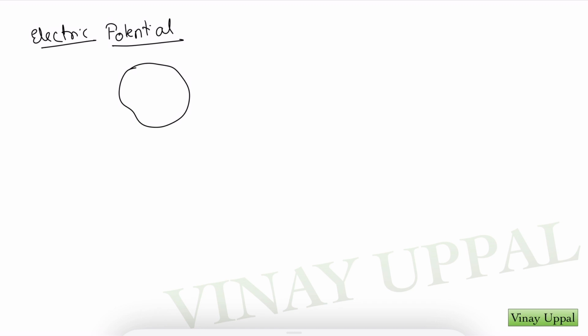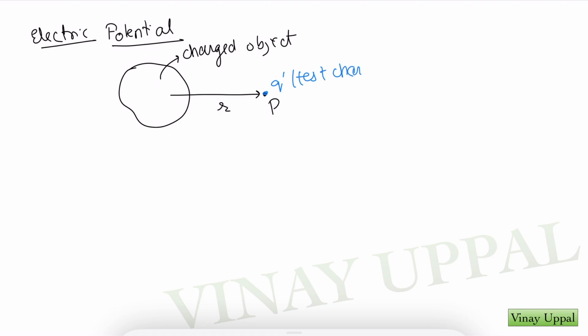Alright, now let's come to potential. So electric potential is defined in the same way that electric field was defined for a charged object. If you want to write the potential at some point P, we bring a test charge there, write the potential energy between the charged object and the test charge, and divide it by the test charge.